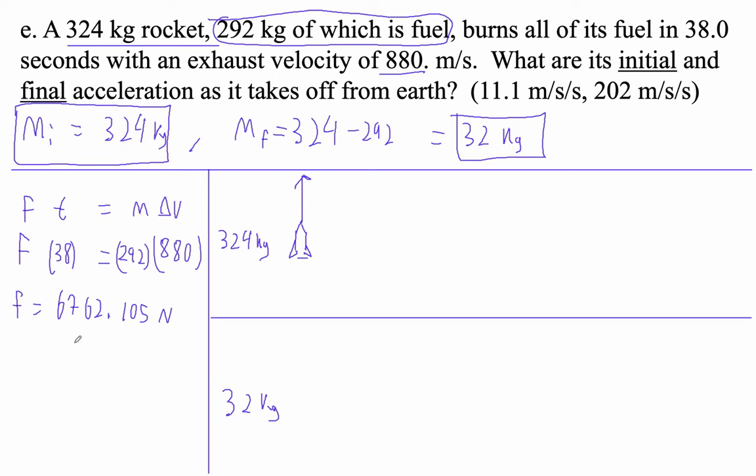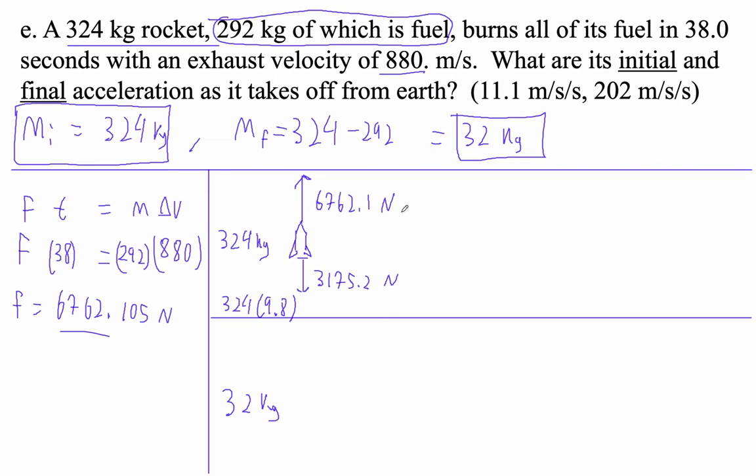The force upward is going to be our 6,762.105 up, and the force down is going to be 324 times 9.8. Let's figure this out. That's the force of gravity, right? 324 times 9.8 is 3175.2 newtons. And now we're set.